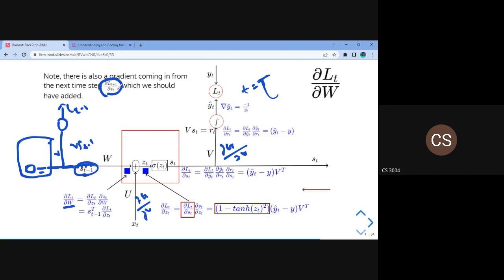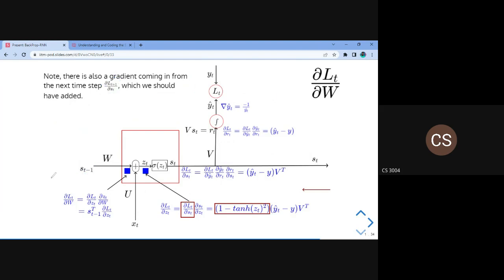So for that reason, I need to compute this loss with respect to s_{t-1}. I need to compute that, and we can compute it using the same approach we have used here. I'll just display the next two equations, see whether it makes sense. This is a recurring thing.